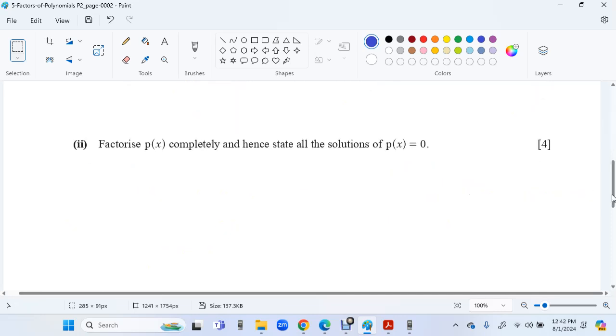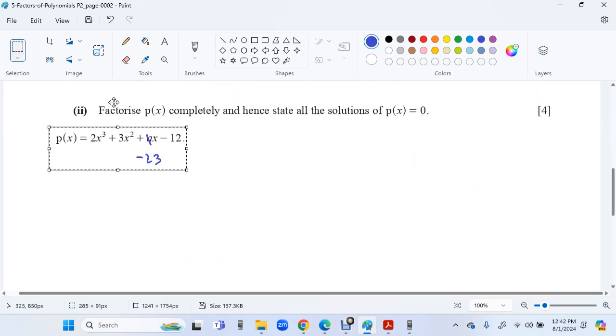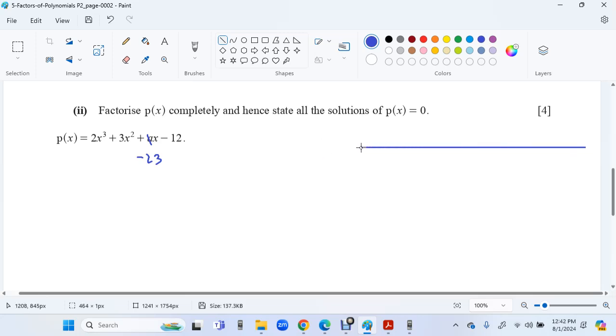The x plus 4 is the factor. So we do the long division. So x plus 4 is the factor, so divide by x plus 4.